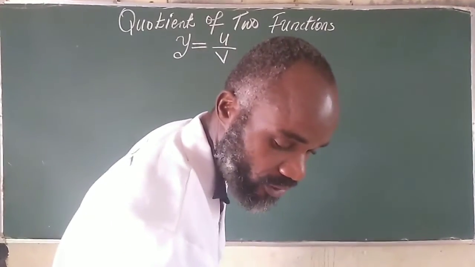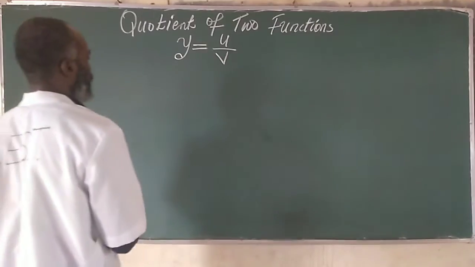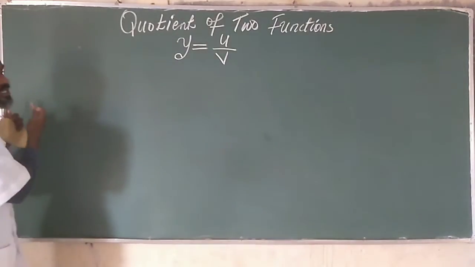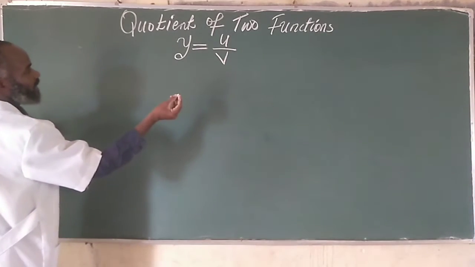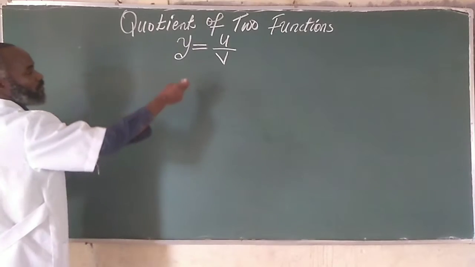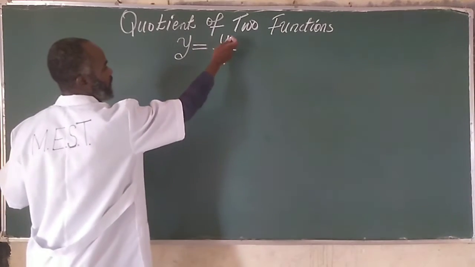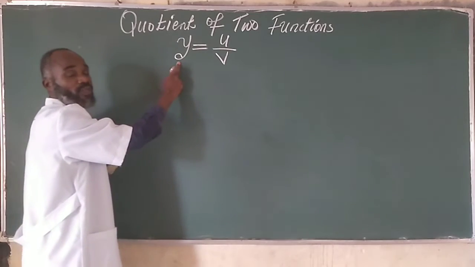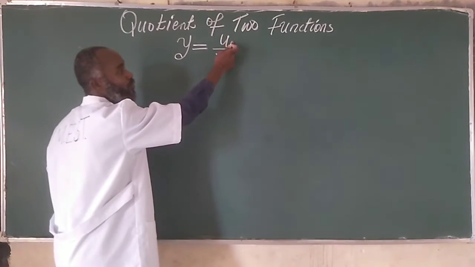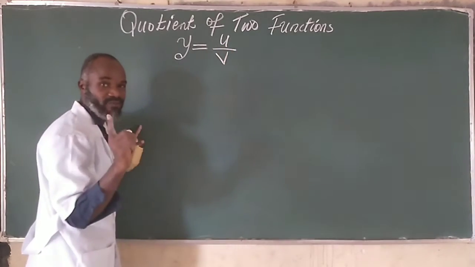Okay, let me pick chalk. Now, first of all, I'm going to solve from this angle to that angle. Let's watch. The first thing we need to take note of is that any change in y will lead to corresponding changes in u and v respectively.